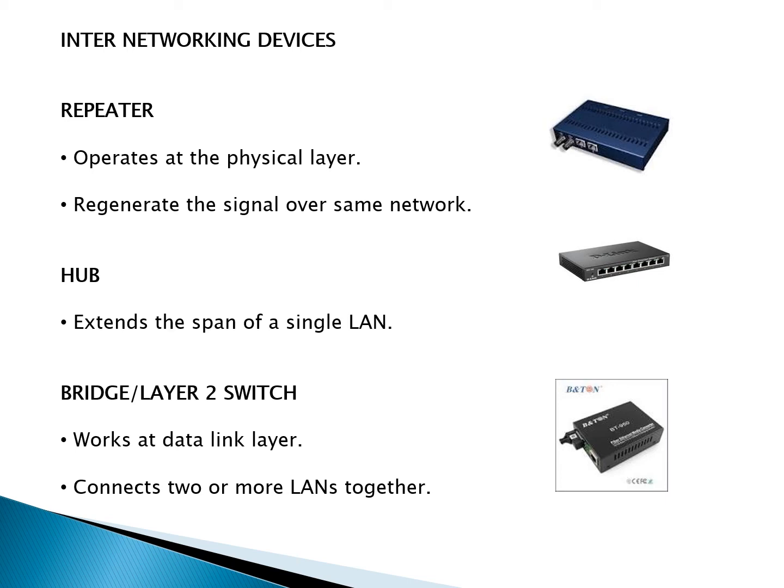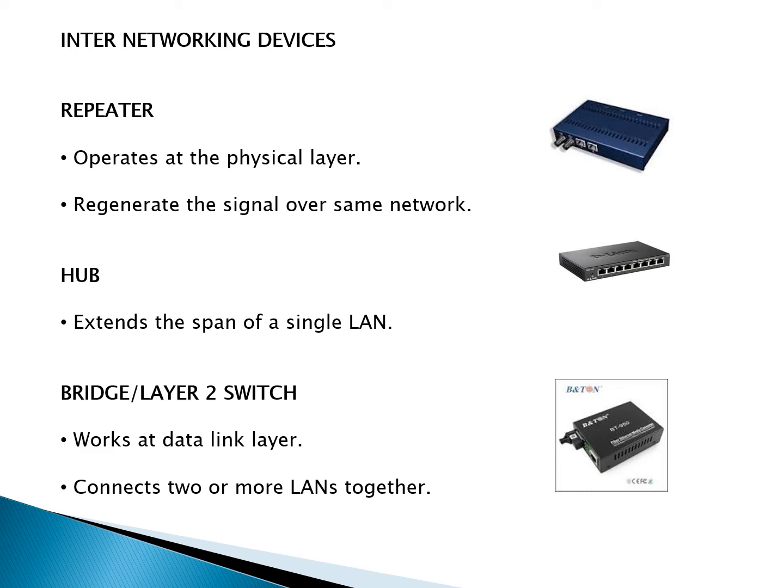The first one is repeater. The repeater operates at the physical layer. Its job is to regenerate the signal over the same network before the signal becomes too weak or corrupted, so as to extend the length to which the signal can be transmitted over the same network.